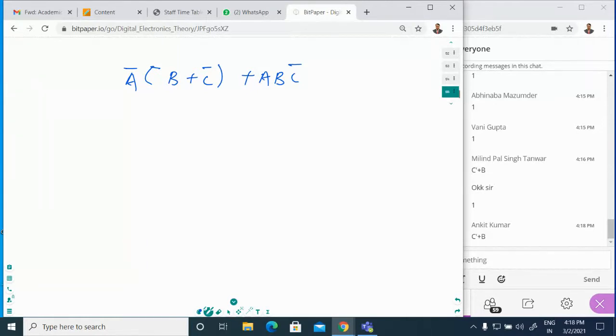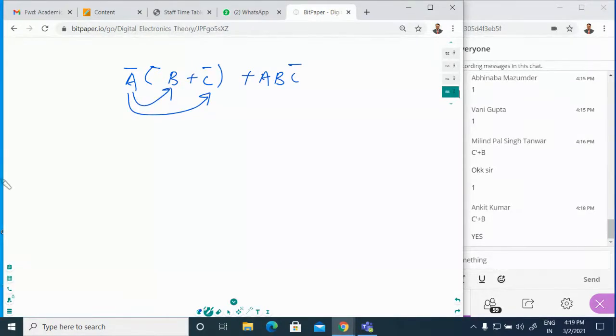Till this point, understood? Now, this is the value. You have to multiply it inside. Quickly multiply it inside. You will get A bar B plus A bar C bar plus A, B, and C bar.